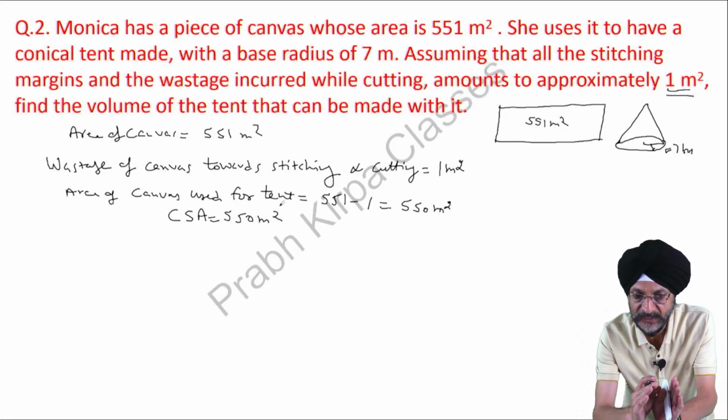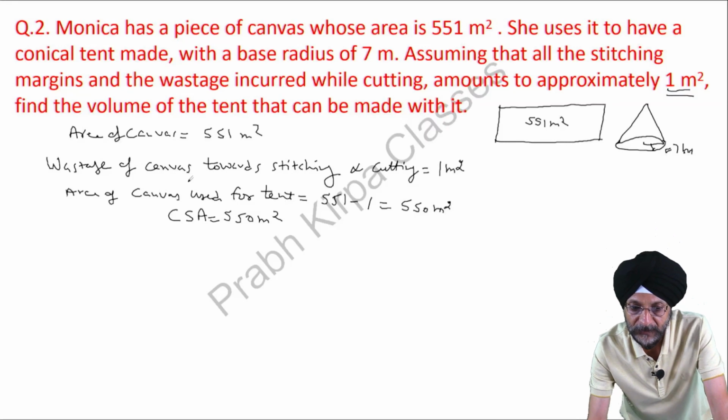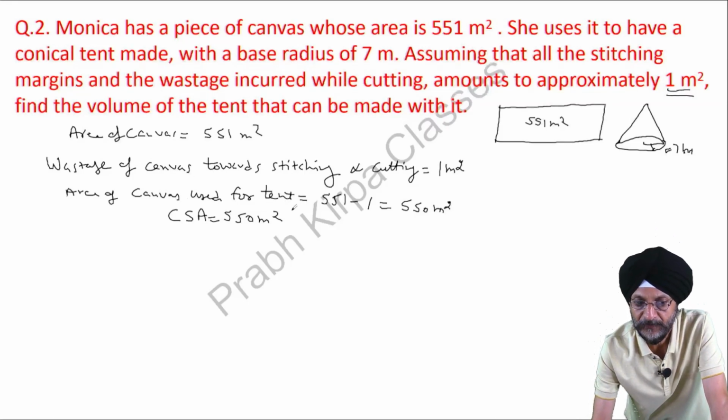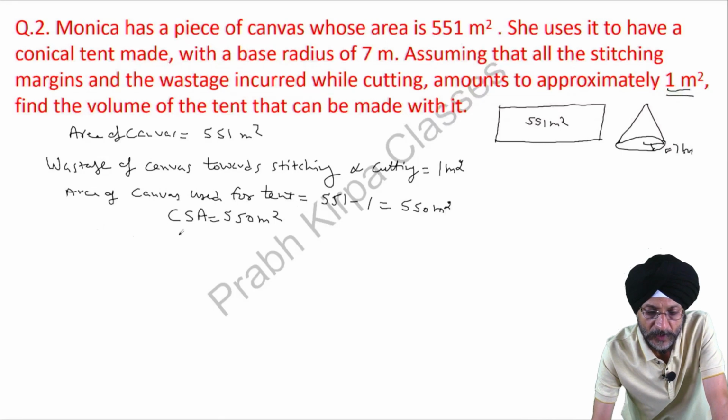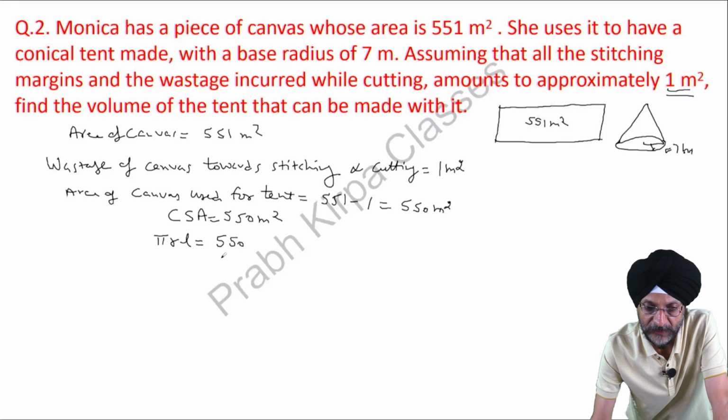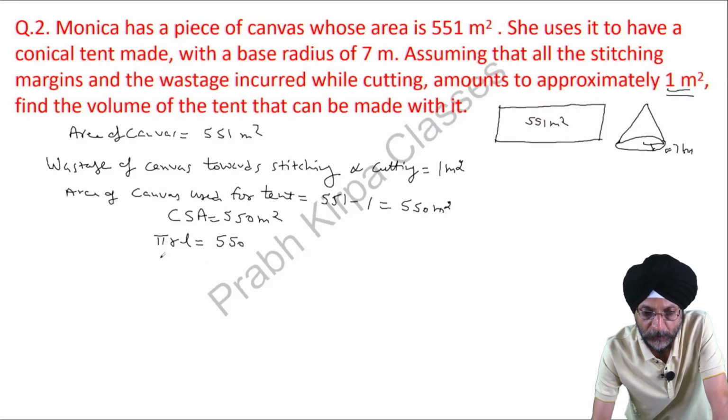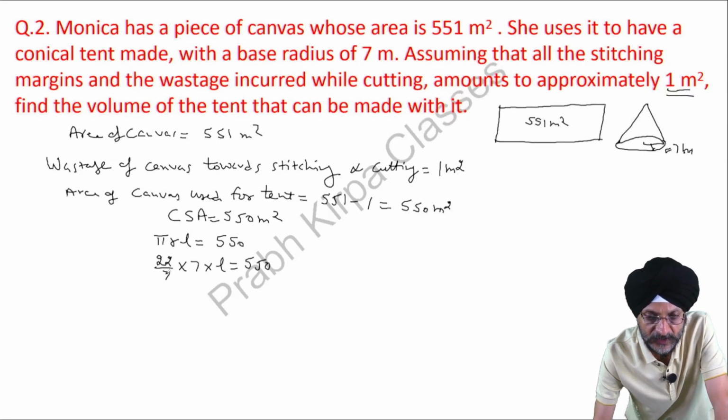This is the canvas which was available for making the tent. Now what is the formula of curved surface area? Curved surface area is equal to pi r L. It is 550. Now what is the value of pi? It is 22/7. What is the value of r? r is 7, into L is equal to 550. 7 cancels with 7, 22 L is equal to 550.